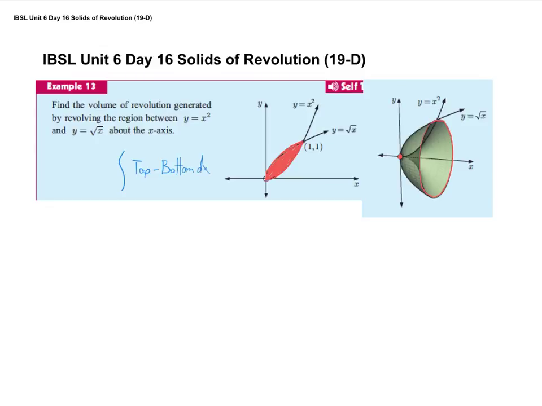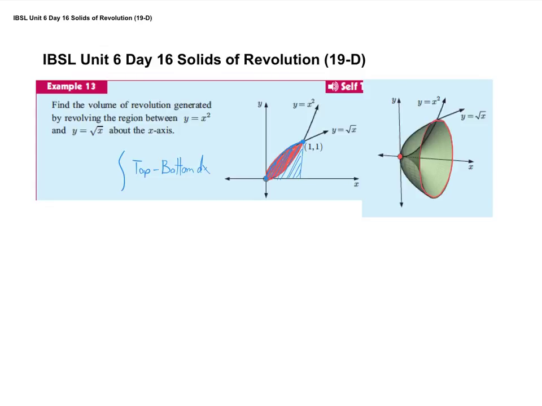For example, on this one here, when we're talking about top or bottom, we're just talking about within the interval that we're dealing with. This square root of x would be the one on top. So if I took the integral of just the square root of x, that would give me the area all the way down to the x-axis.